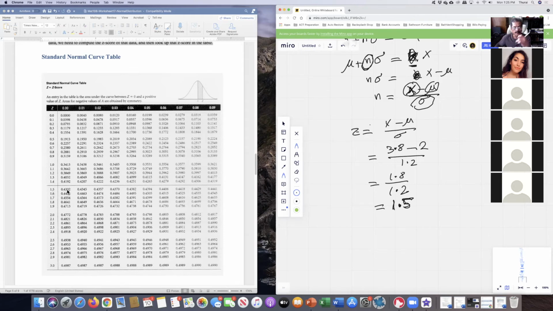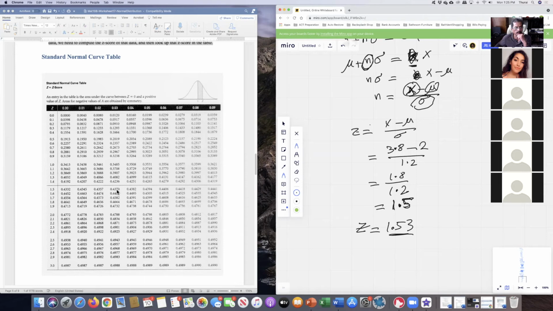Now, what are these other numbers here for? Let's say I want to find the area for the z-score of 1.53. For this z-score, I go to the z column, go down to 1.5, and go over to the column 0.03.